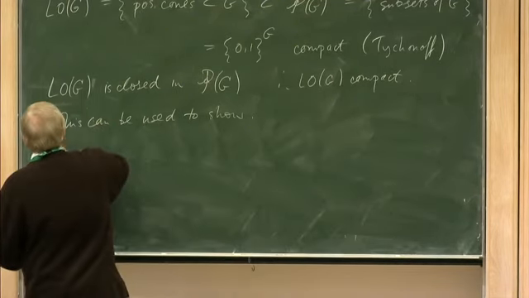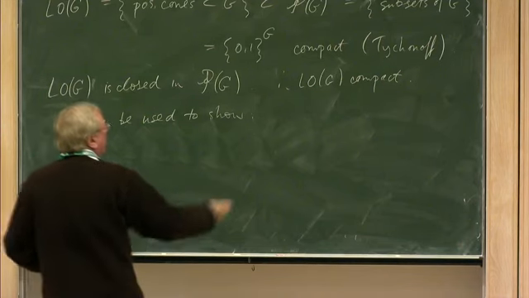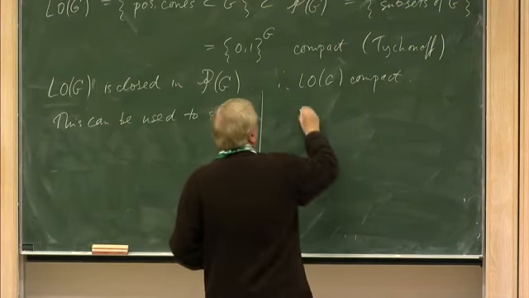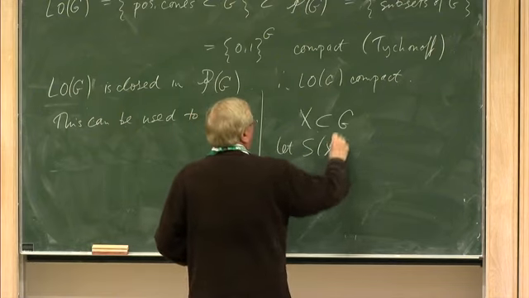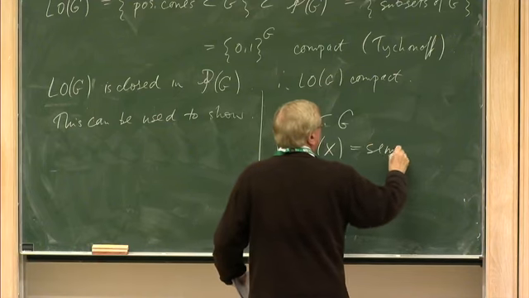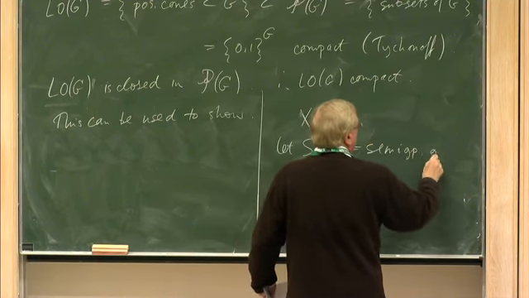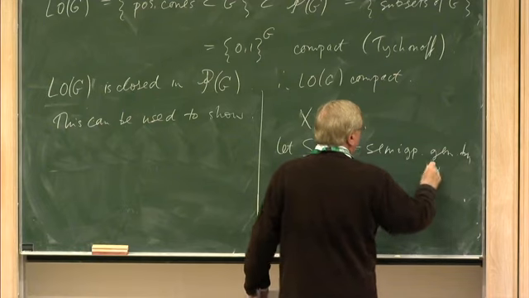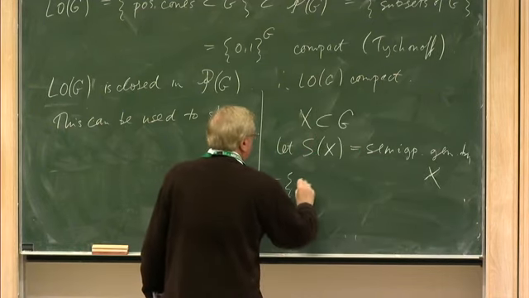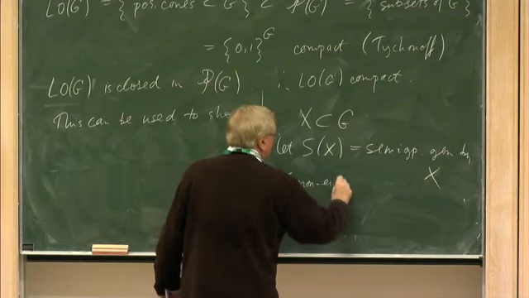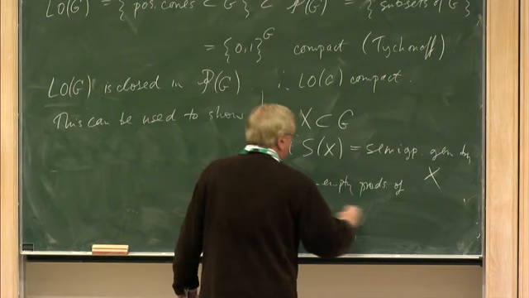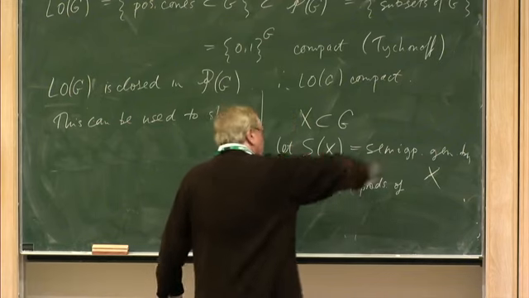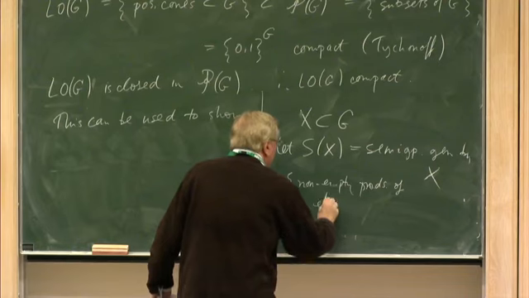If I've got a subset X of a group G, let S(X) be the semigroup generated by X. So it's just the set of non-empty products of elements of X.